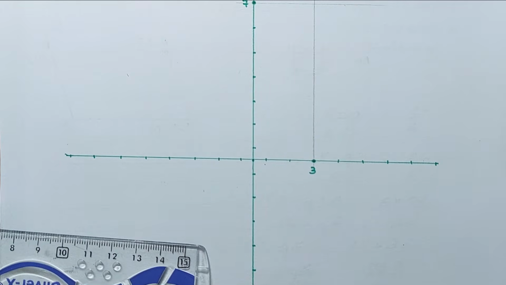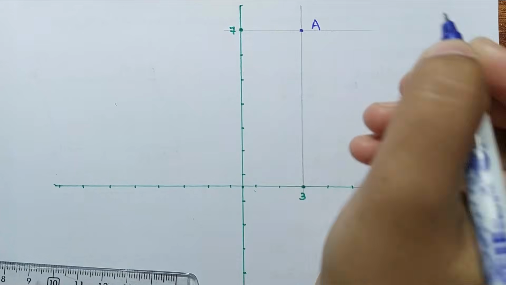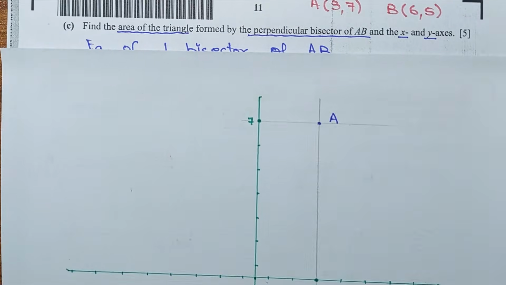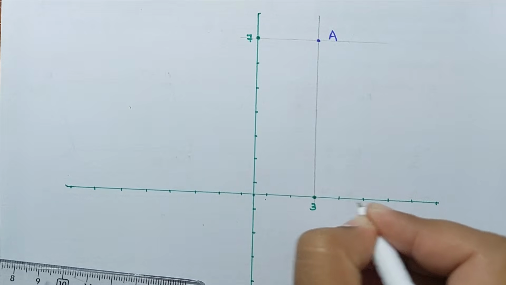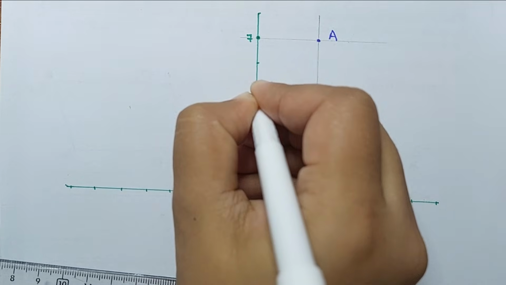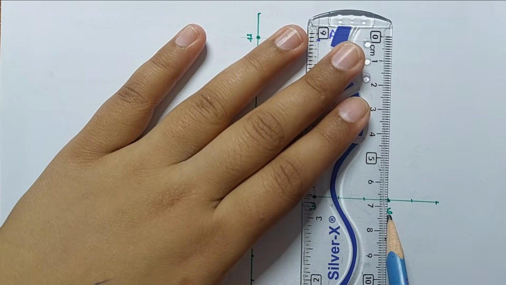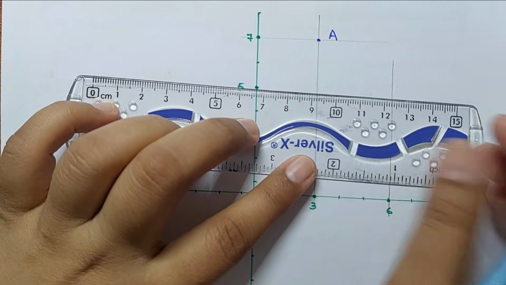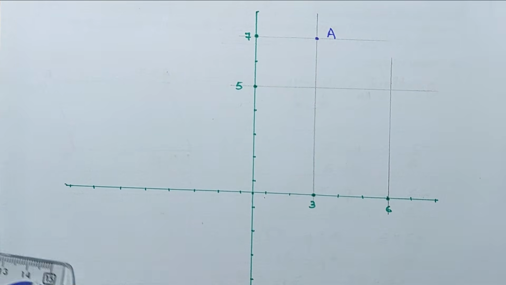Okay, so here is point A. Now label the point B, which is 6 and 5. X is 6 and the y is 5. 3 4 5 and 6, and here we have 5. Here is point B.